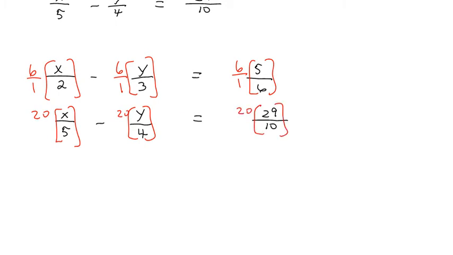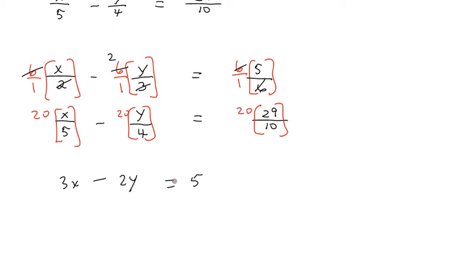Now what happens? When we simplify these, we see that 2 will go into 6 3 times, so we have 3x. Here, 3 goes into 6 2 times. Bring down the minus, and then we have 2 times y is 2y. And over on this side, those 6's will cancel. We have just 5.